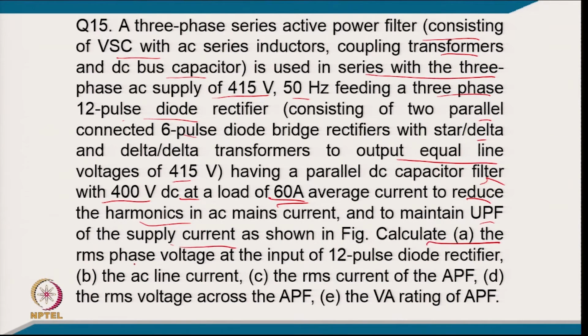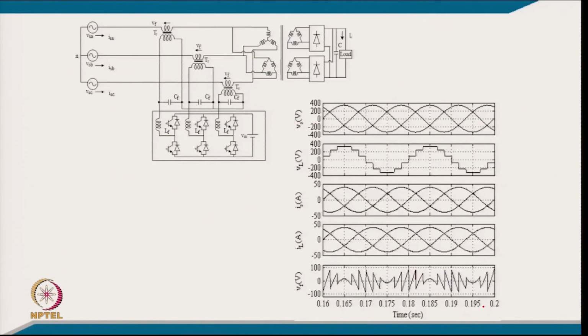Calculate A, the RMS phase voltage at the input of the 12 pulse diode rectifier, B, the AC line current, C, the RMS current of the active series filter, and D, the RMS voltage across the active power filter and the VA rating of the active power filter.